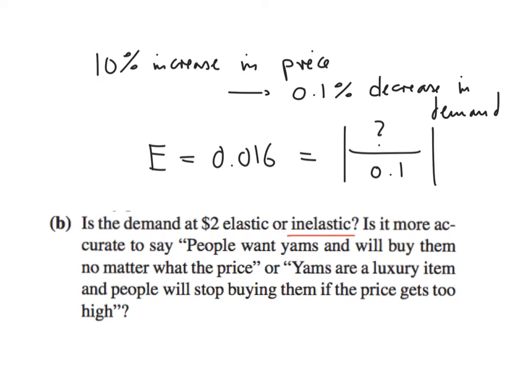Which of the two is it? Think about it for a moment. But the answer should be clear now after what we've calculated here. Namely, we see that we could even increase prices by 10% and see very little decrease in demand. So that means people want yams and will buy them no matter what the price.